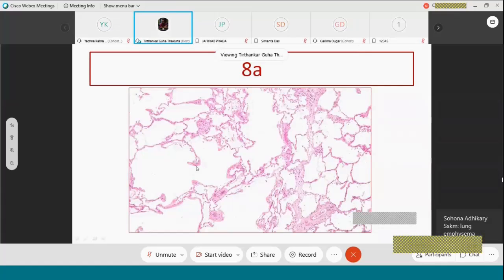But mind you, you must rule out that there is no granuloma, because even in tuberculosis, there may be emphysematous changes because of enzymatic damage. So don't just look for the damage of the alveoli. Rule out that in the slide you have looked carefully and there is no granuloma. And then you can call it emphysema of lung.